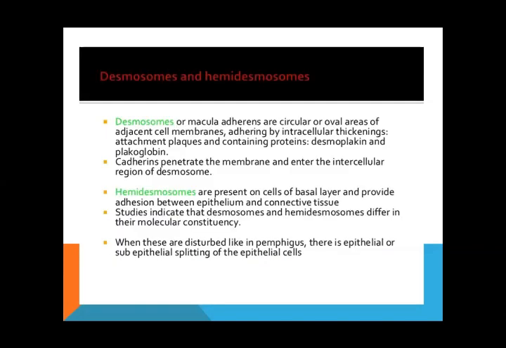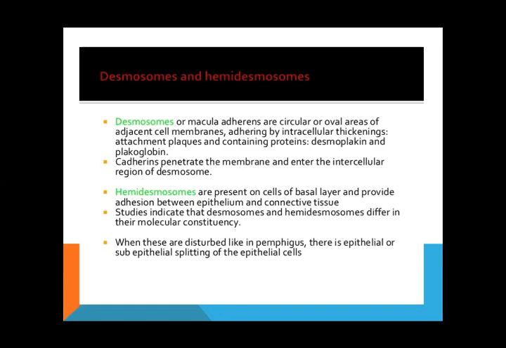Desmosomes and hemidesmosomes. Desmosomes are macular adherents, circular or oval areas of adjacent cell membranes adhering by intracellular thickening, attachment plaques, and containing proteins desmoplakin and plakoglobin. Cations penetrate the membrane and enter the intercellular region of the desmosome.